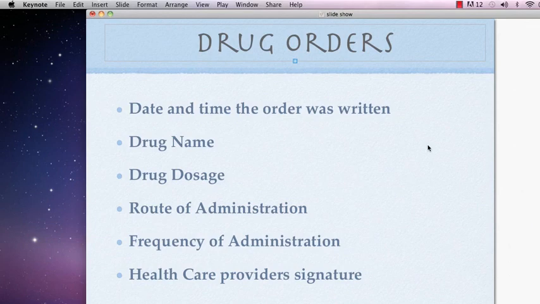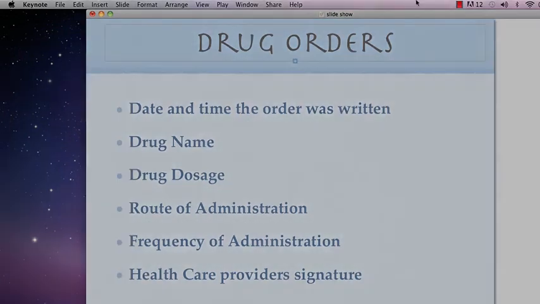It requires the healthcare provider signature at all times.